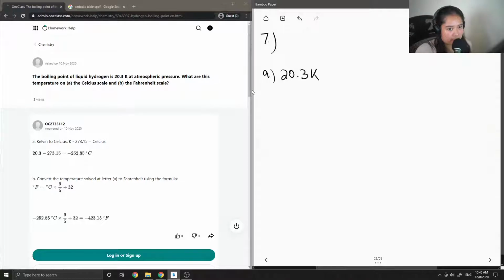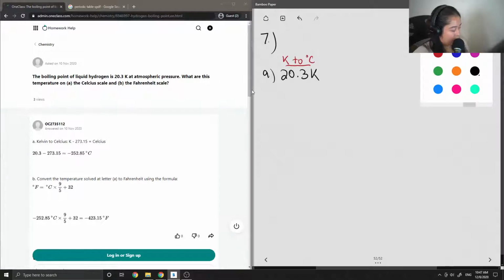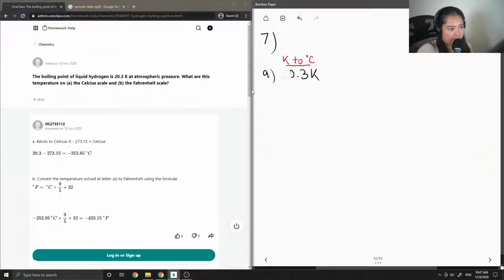Okay, so first we need to do Kelvin to degrees Celsius. And before I do the example, I'll just do a general expression on how to calculate degrees Celsius from Kelvin. All you have to do is subtract 273.15 from your Kelvin value, and this will give you a value in degrees Celsius.